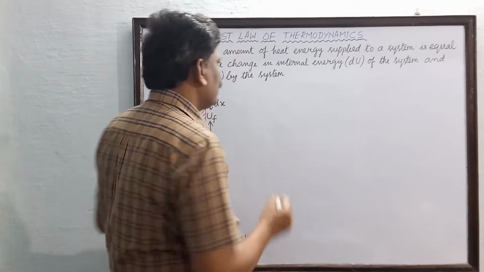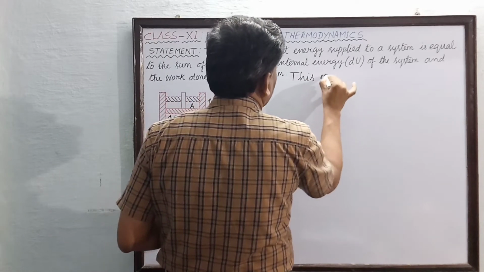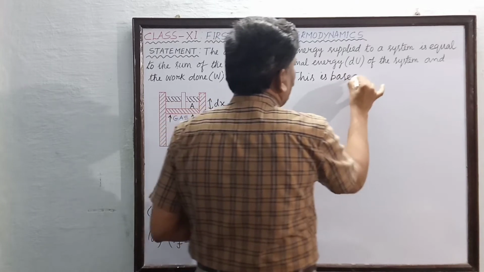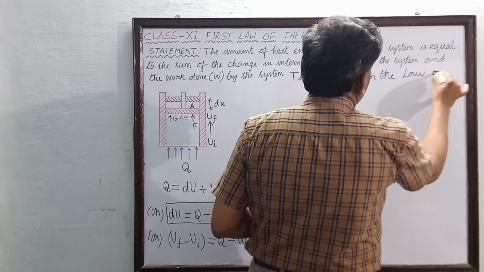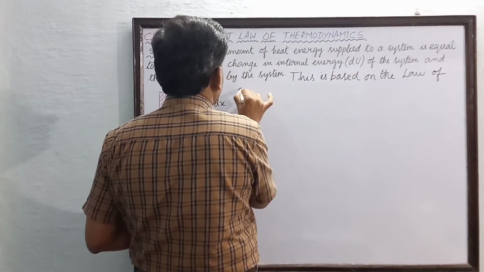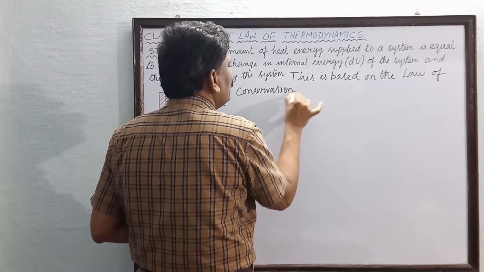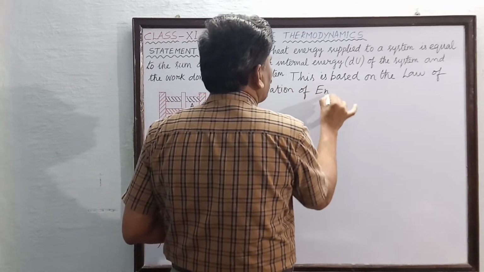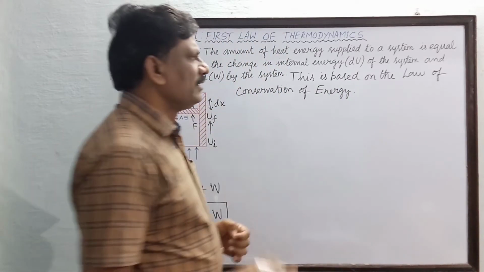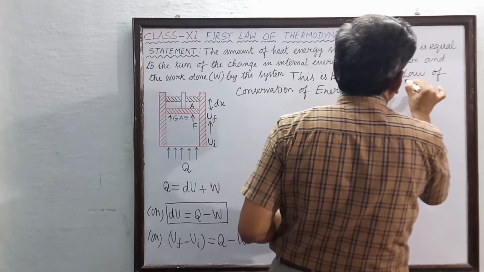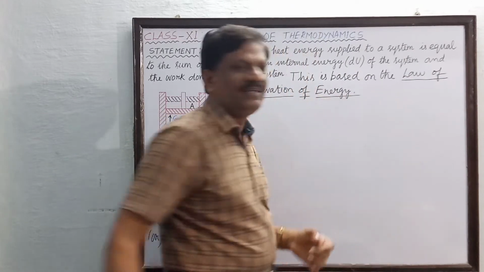So this law is based on the law of conservation of energy. This is also very important in the statement. In the examination, whenever the statement of the first law of thermodynamics is asked, you must also indicate that it is based on the law of conservation of energy.